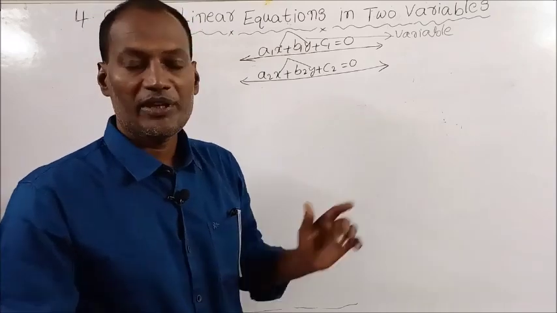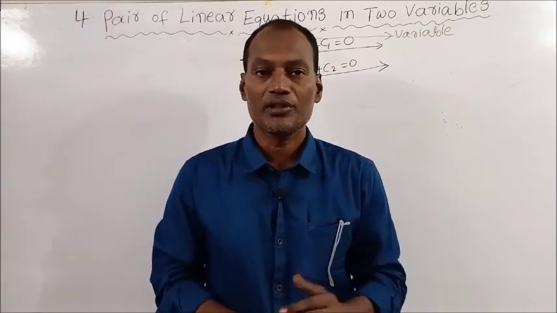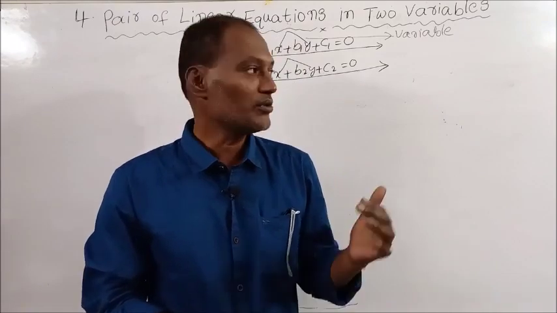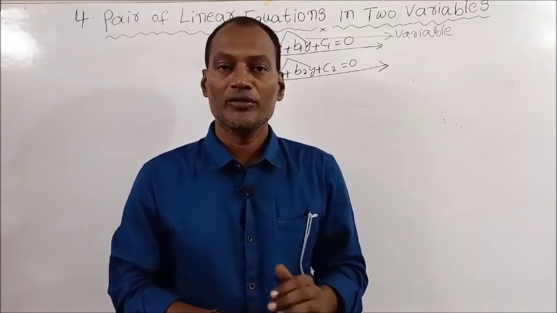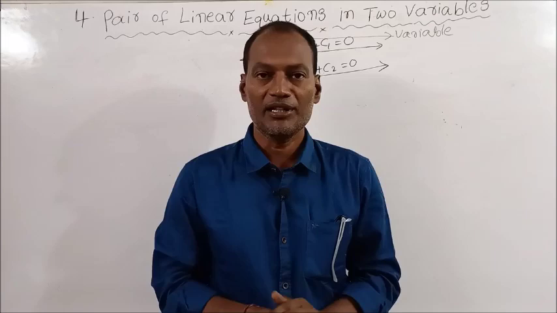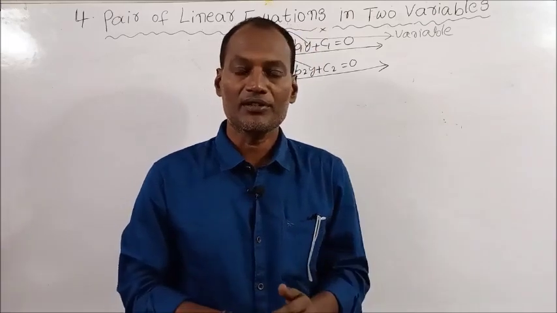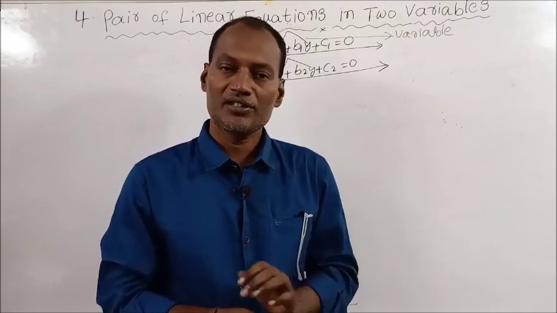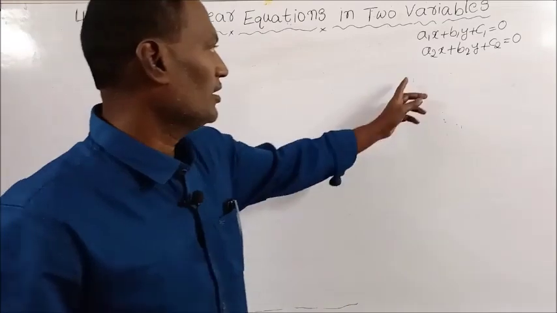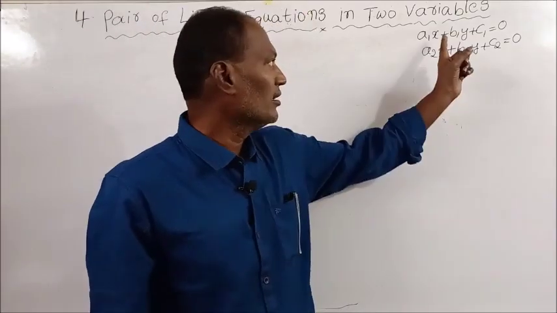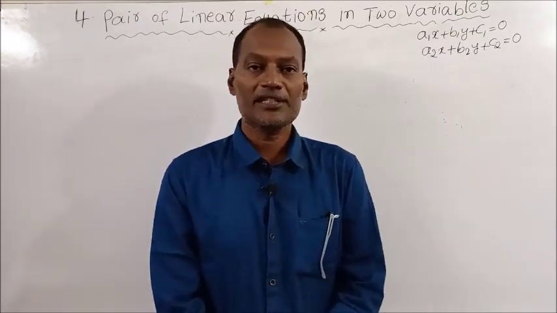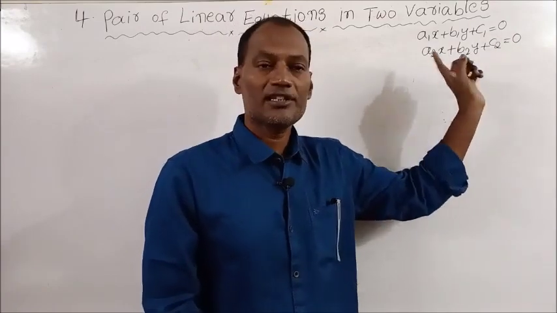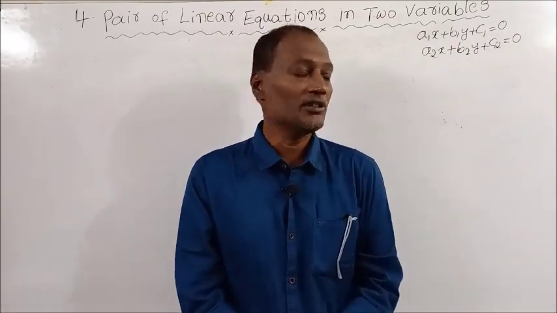This topic, pairs of linear equations in two variables, is very easy if you learn all the basics, also called formulas. If you learn all the formulas in the starting, you can solve all the questions. We already learned a1x plus b1y plus c1 is equal to 0, and a2x plus b2y plus c2 is equal to 0.